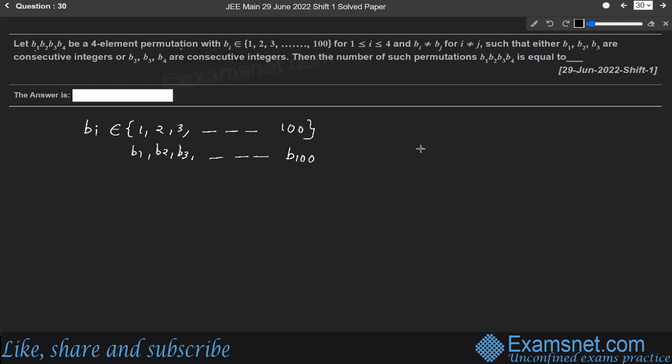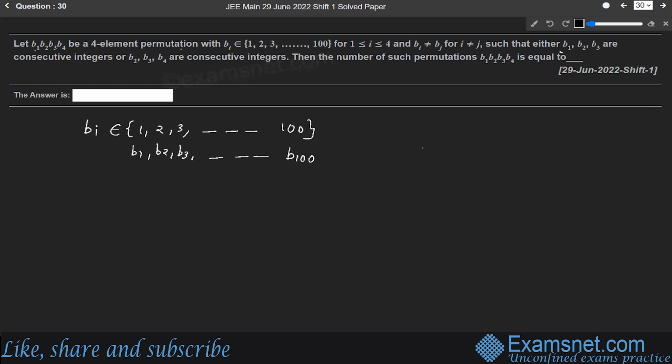So what do you understand by consecutive integers here? In simple words, consecutive integers are the integers that follow each other in order. Either they will have a difference of 1 between them, or they will have an increase of 2 between them. So basically they have a difference of 1 between every two integers. So we have to form two different sets here.